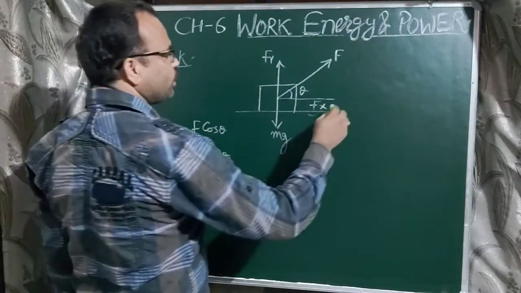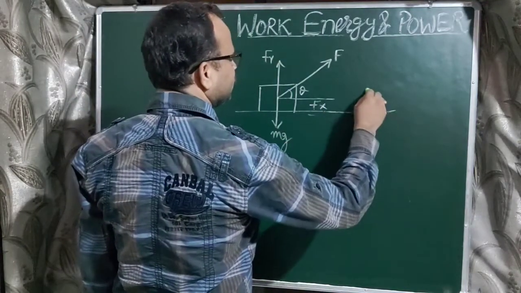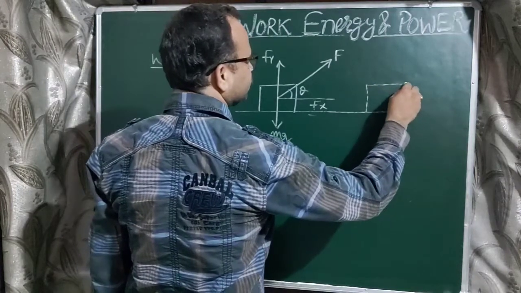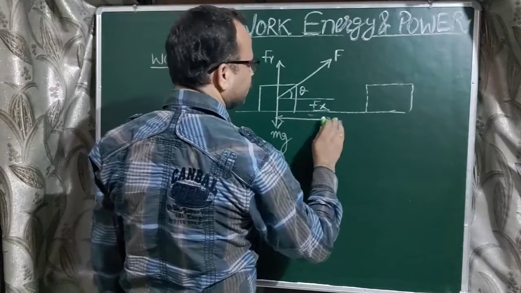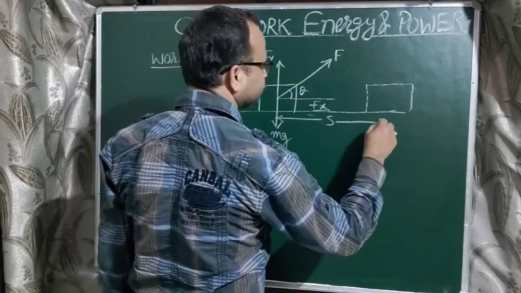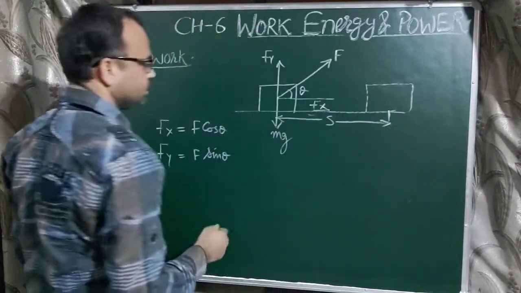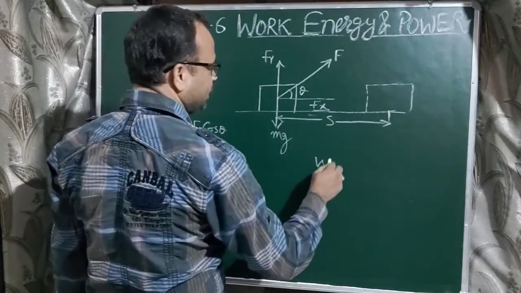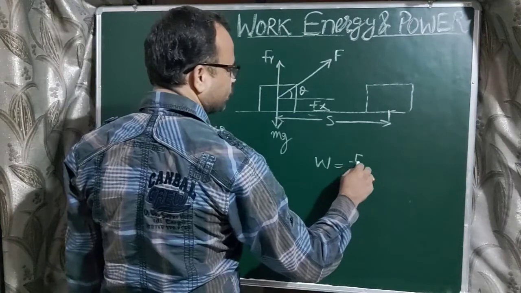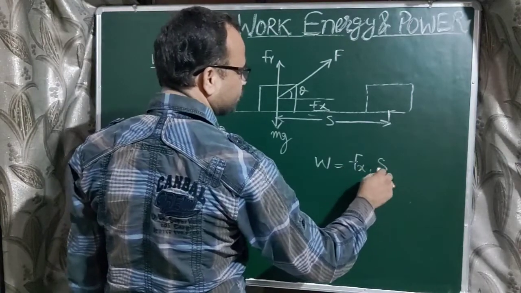So the body displaces, suppose in this direction, due to this component through a distance S. Then we can calculate the work done: W equals horizontal component into displacement.